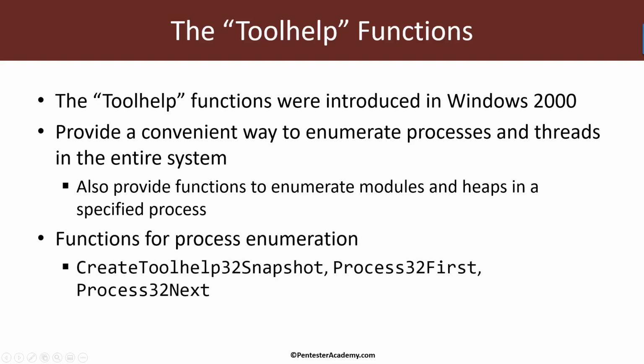The general functions are going to be CreateToolhelp32Snapshot. That's the main function that provides a snapshot of all the processes in the system if we provide the appropriate flag to that function. And then we need to iterate through this snapshot by using the Process32First function and then continuing with the Process32Next function until there is no more data.